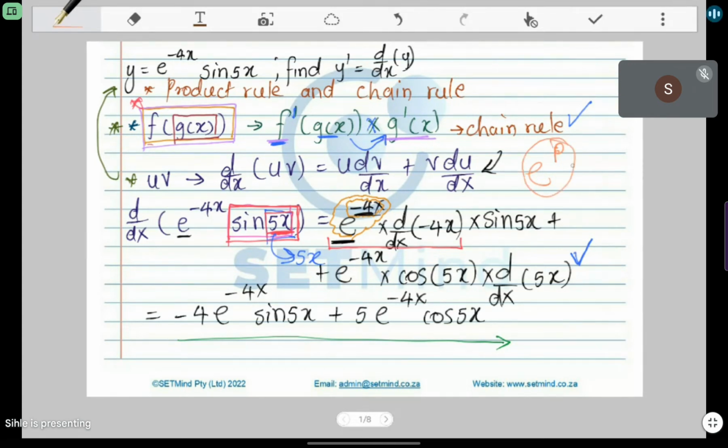This is a function, e to the power of something. But p on its own is a function. So which means when we derive, I'll find the derivative of e to the power of something the usual way. Then I'm going to multiply by the derivative of the inner function, which is p. I don't know if that answers the question. So please unmute if it doesn't make sense.